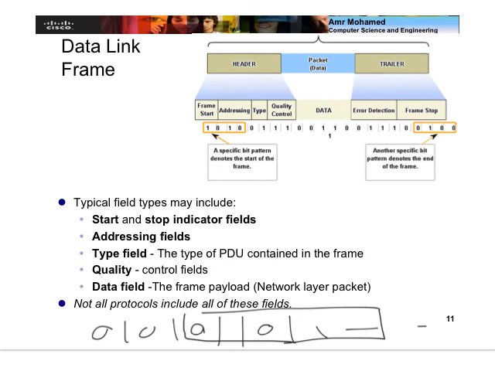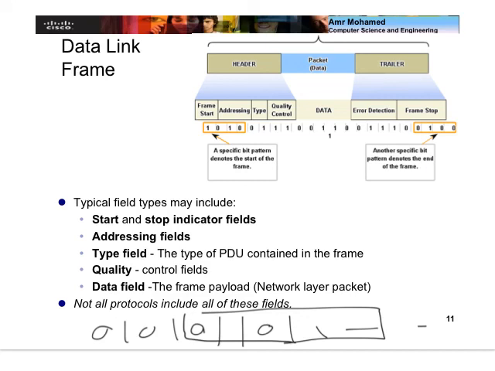The physical layer sends these bits to the data link layer, and the data link layer will then say, this is the start of a new frame, this is the stop of a frame, and after that there is the start of another frame, and so on.